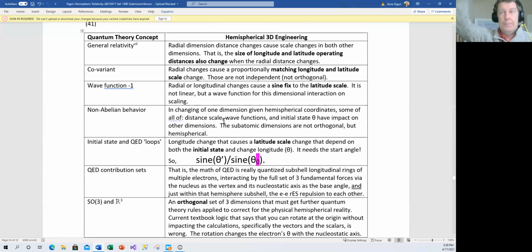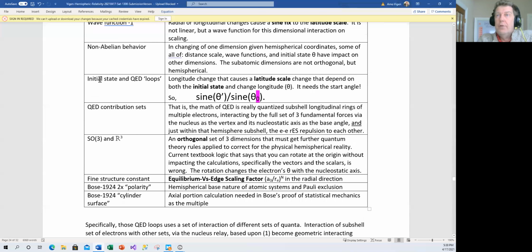That means they will not be diagonally symmetric. Okay? And then whenever you're doing this, you end up with these initial states based upon a sine wave, okay, a wave function, but you have to have the original state, which is how we're going to basically get to QED loops.